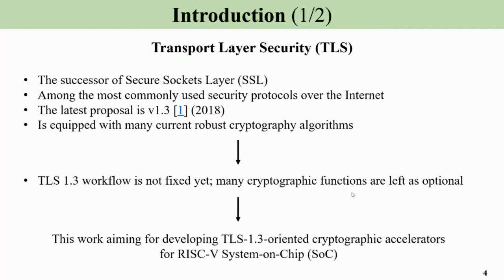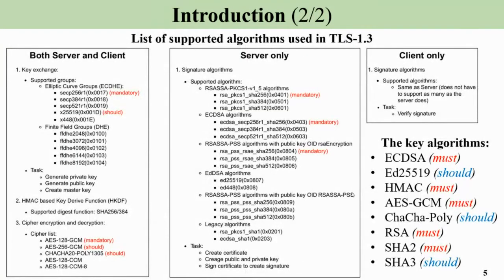Although the workflow of 1.3 is not fixed yet, many crypto functions, like the old crypto algorithms, are left as optional, and there are also many new crypto algorithms included. So we use TLS 1.3 as a guideline for us to develop all of the cryptography accelerators using the RISC-V-based system. Here is the list of supported algorithms in TLS 1.3.